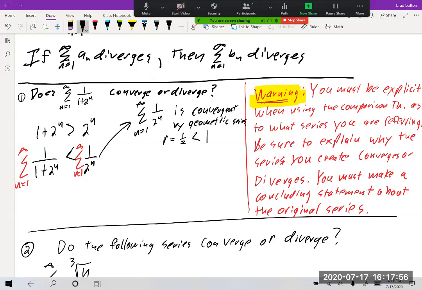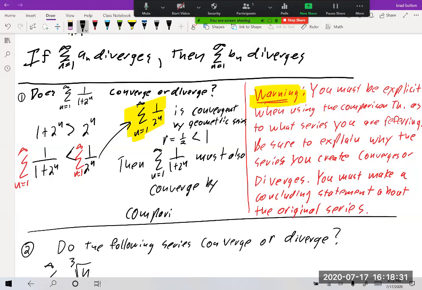So here's the thing, okay? We know that this geometric series right here is convergent because it has a common ratio r of 1/2, which is less than 1. So what that tells us then is we can now say the series n equals 1 to infinity of 1 over 1 plus 2 to the n must also converge by comparison, or by the comparison theorem.